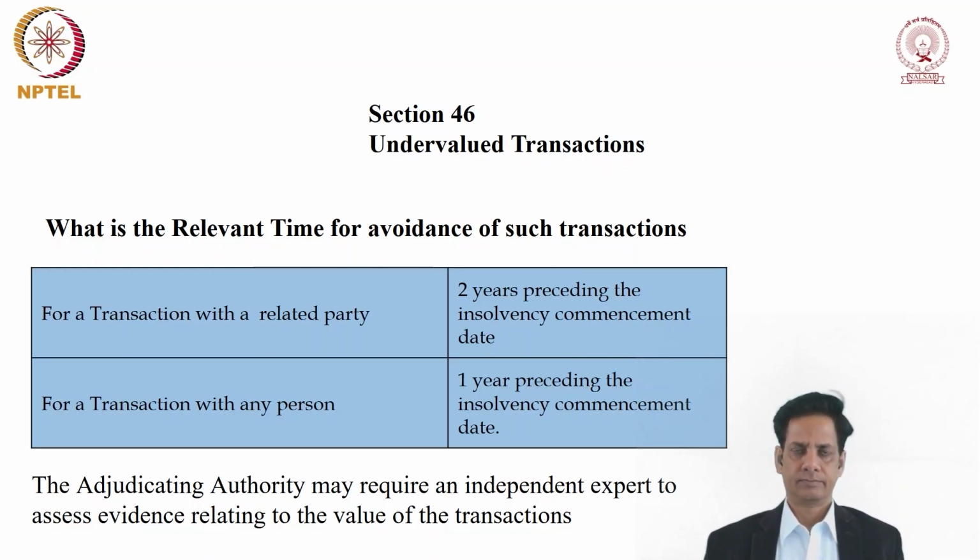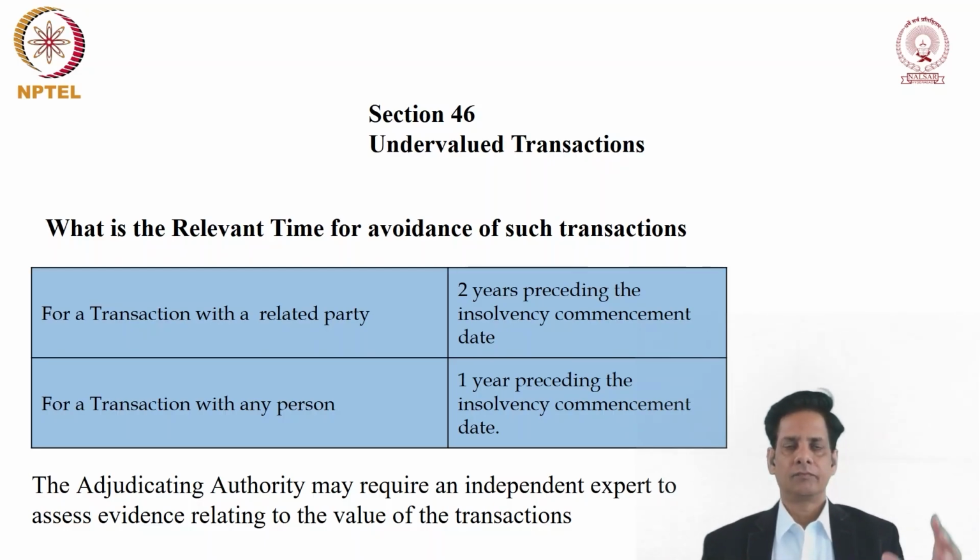Most of the time, for a common man or for a jurist, even an adjudicatory authority's judicial member or a technical member, it might be very, very difficult to determine whether a transaction is undervalued or not.